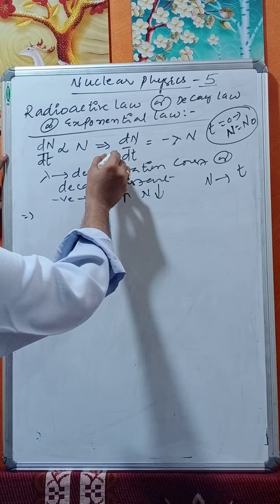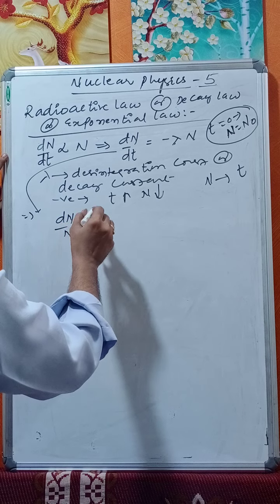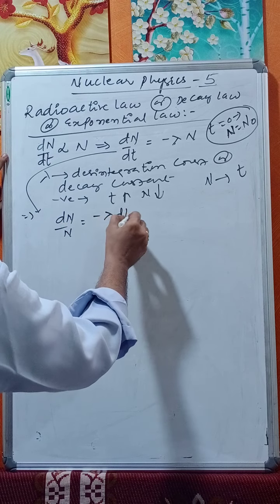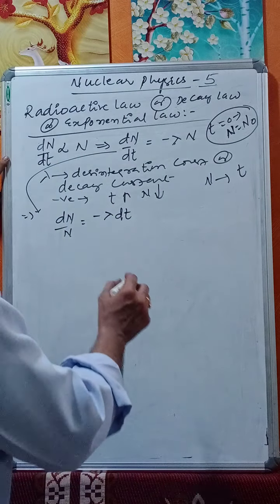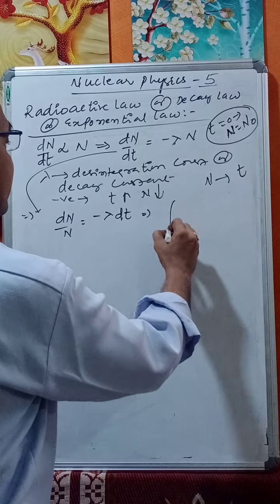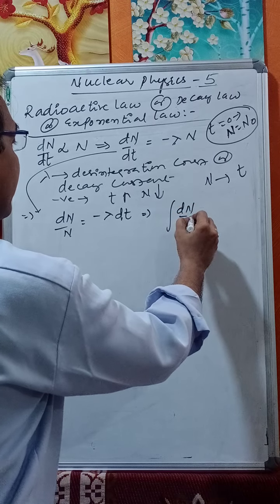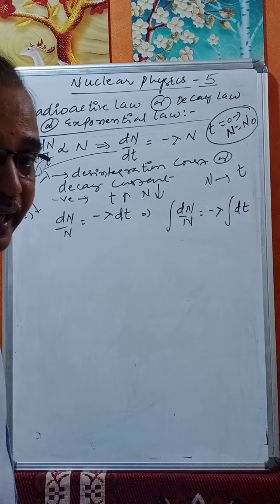From this equation, dN by N is equal to minus lambda dt. Integrating on both sides, the integral of dN by N is equal to minus lambda times the integral of dt.